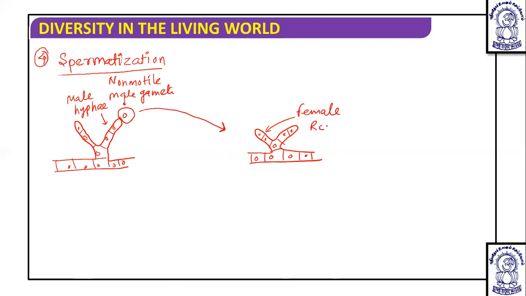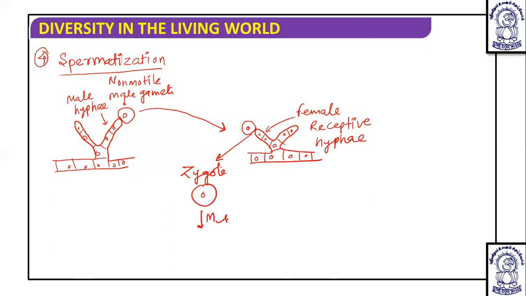This is the female receptive hyphae. And this female receptive hyphae receives the non-motile male gamete and fusion occurs and zygote will be formed.